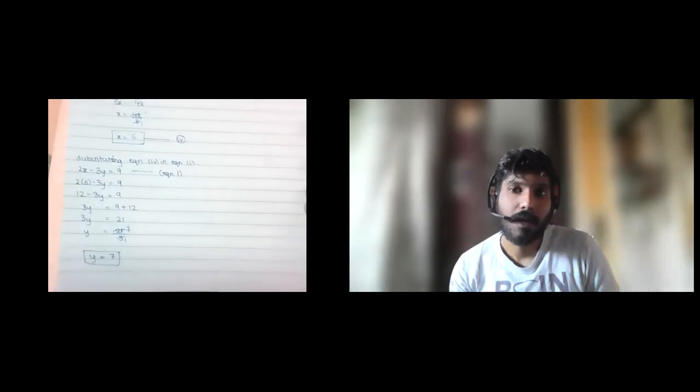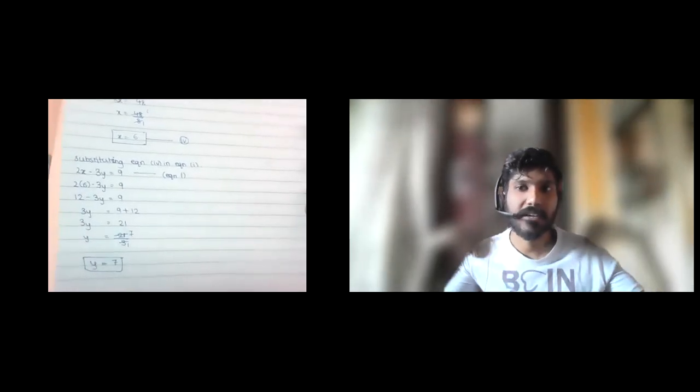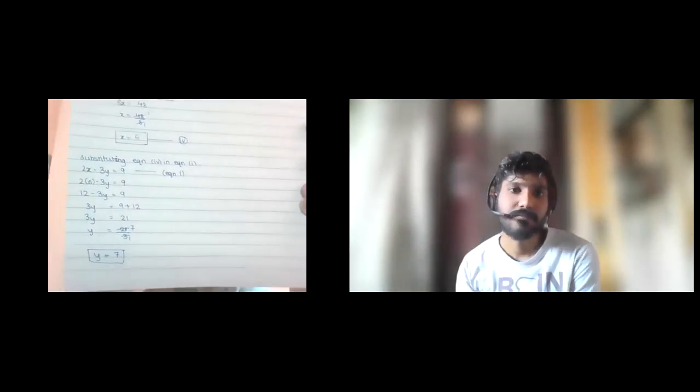Plus 12, when you take it to the other side, what will it become? This side it is plus 12, so when it goes on the other side it will become minus 12. So that has to be 9 minus 12.